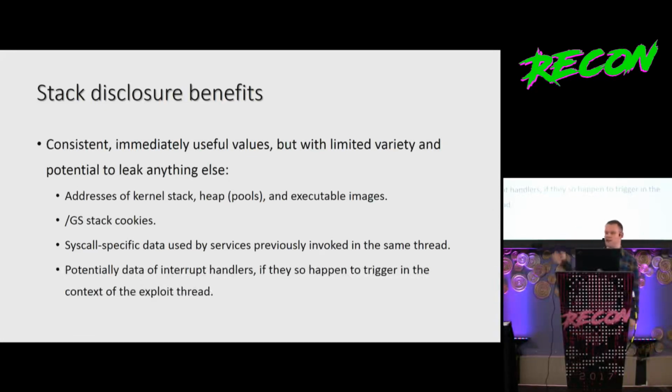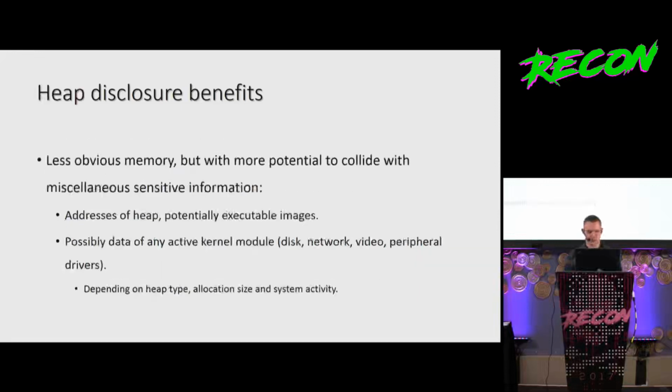We get return addresses, which means pointers to executable images. We get stack cookies, and any other syscall specific data used by the syscall executed before the one that leaks data. Interestingly, we can also potentially get data of interrupt handlers if the interrupt handler was executed on the same stack that we are leaking just before we exploited the vulnerability.